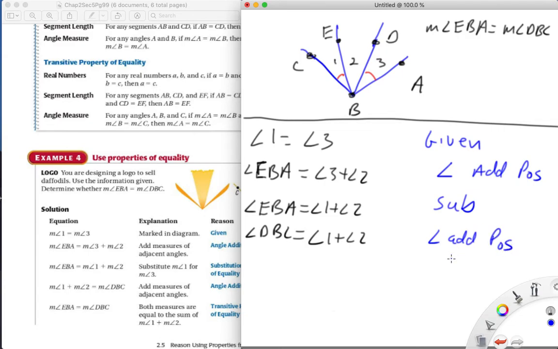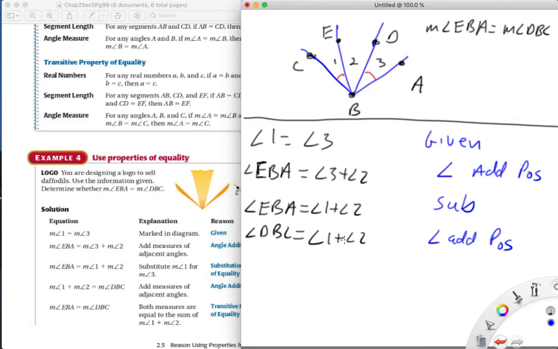So look what we have here. We have that angle EBA is equal to 1 plus 2. We also have angle DBC is equal to 1 plus 2. If A equals B and B equals C, then A equals C, right? They're both equal to the same thing. So EBA is equal to angle 1 plus angle 2.